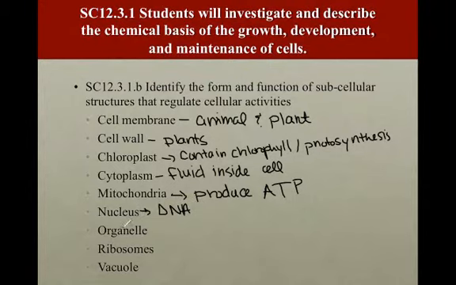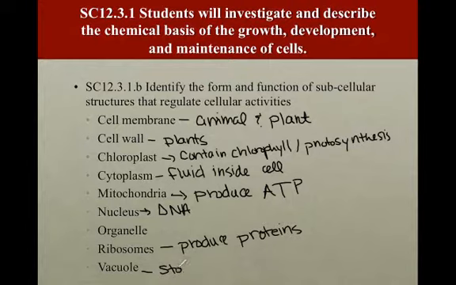These are all organelles. What's a ribosome? What does it produce? It uses RNA, so they attach to the RNA and they produce proteins. And then what's a vacuole?